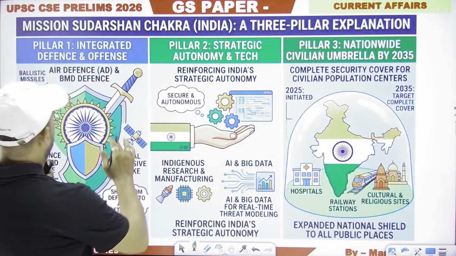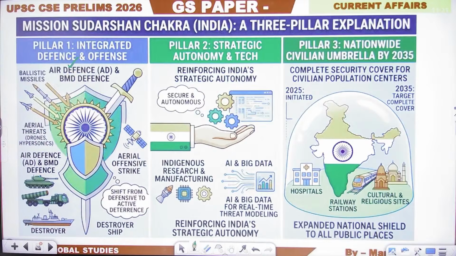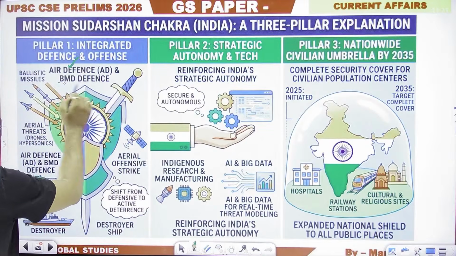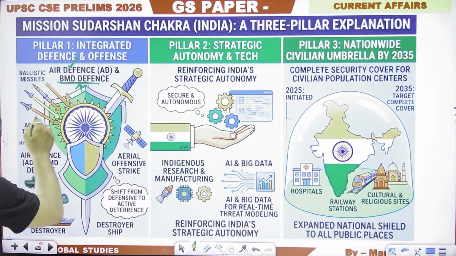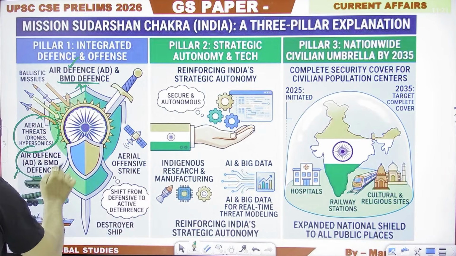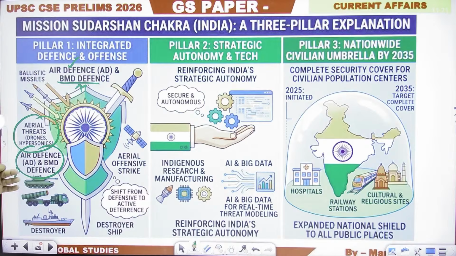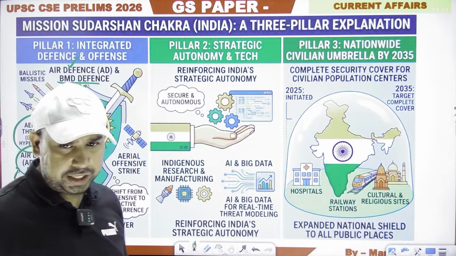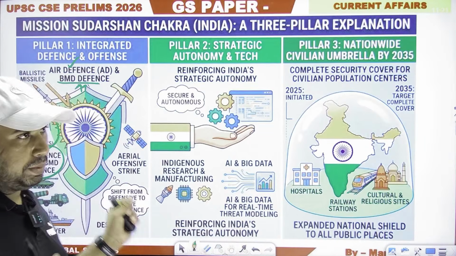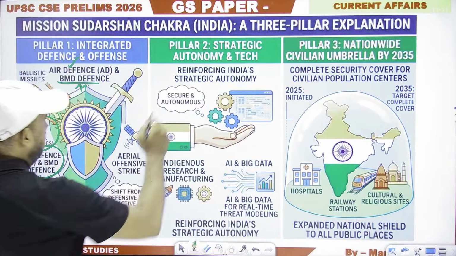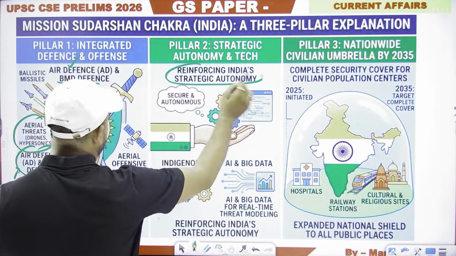If we follow the first statement, it is integrated defense and offense: air defense and ballistic missile defense, aerial threats, drones, hypersonics. Like we have different destroyer ships, we have air defense systems, Akash missile, we have S-400. These are the things which are very much capable of providing air defense. Second is strategic autonomy in tech, reinforcing India's strategic autonomy.